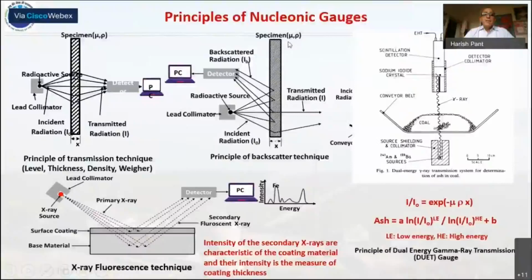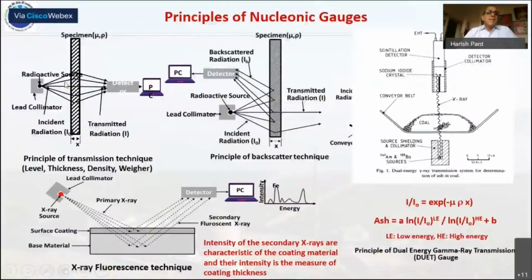Now another principle of nucleonic gauges is the backscattering technique. You can see that here is a radiation source. Radiations are made to fall on the surface of this specimen, and the backscattered radiation is measured. So the source and detector are on the same side of the specimen.